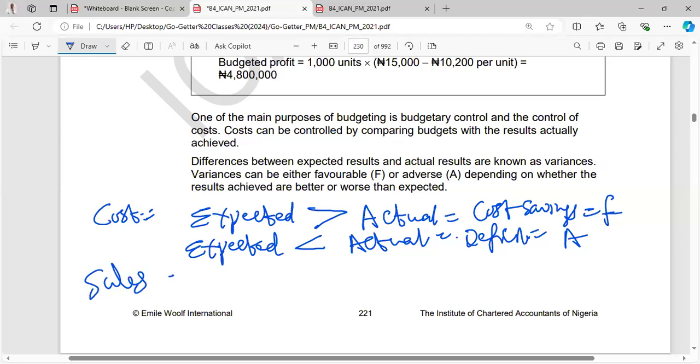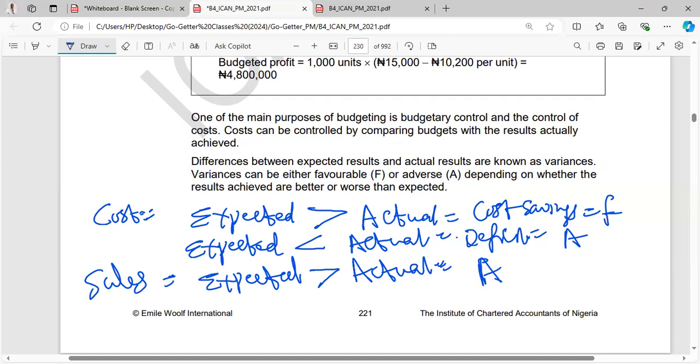for sales, if expected is greater than actual, it is adverse. It is the opposite of cost.